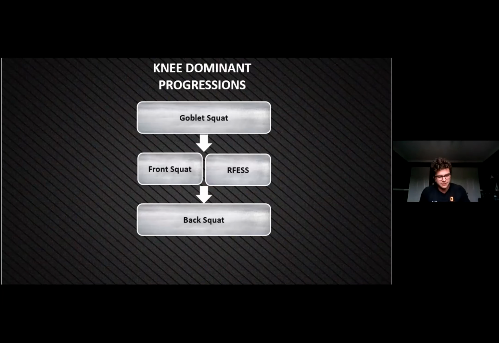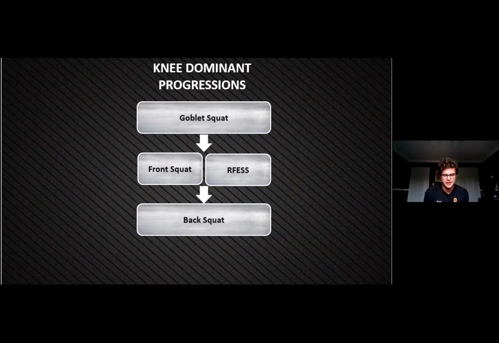So here we have a chart to show off the progressions of different squat variations. We can use this chart to start with exercises where athletes can learn and master the technique of squatting with safer exercises before we load a ton of weight on their back, where the risk increases. If they have deficits in their movement, sometimes it's just safer to address those with other exercises.